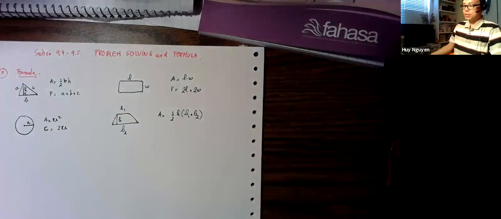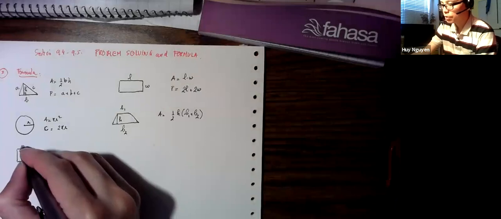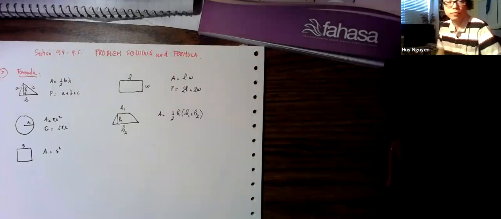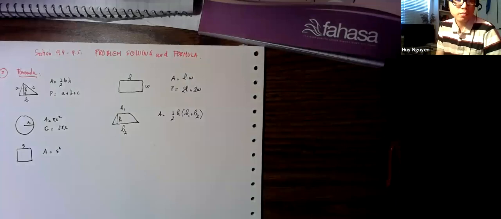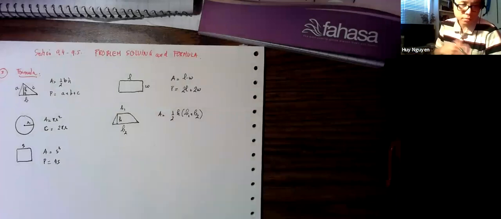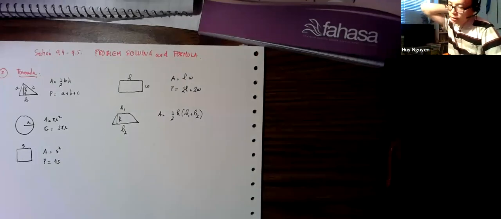The perimeter is easy, just add all 4 sides together. So I'm not gonna put it over there. Anything else? Square. If we know this is S, the area will be S squared. If we know the dimension of one side, then you just square it, and that gives you the area. The perimeter is just 4S, because you add all 4 sides together.